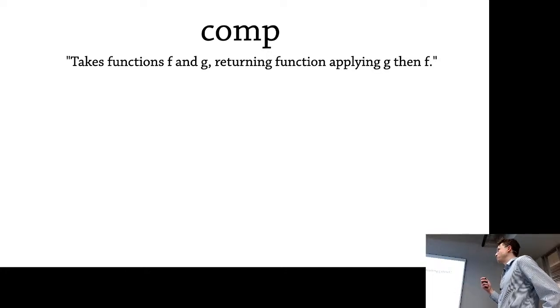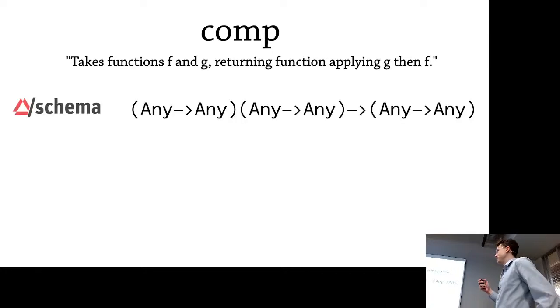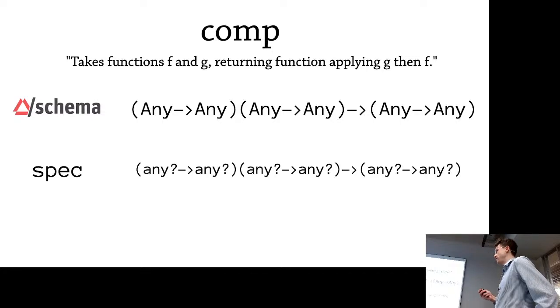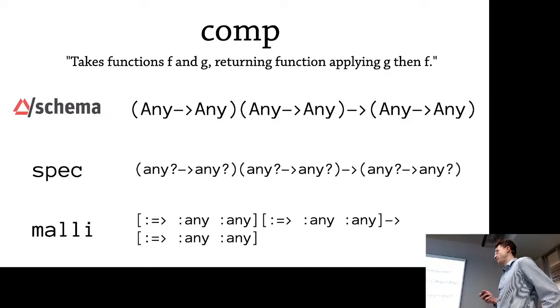And again, how do we write the spec for comp today? It looks like this. F takes anything and returns anything. G takes anything and returns anything, and it returns a function that needs to take anything and return anything. And this is how you'd write it in spec, and this is how you'd write it in Malli.